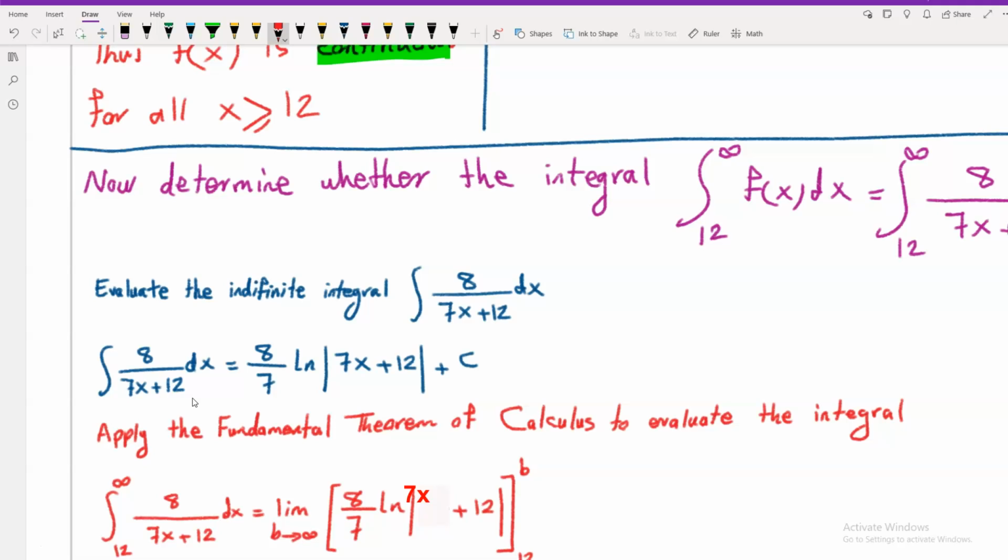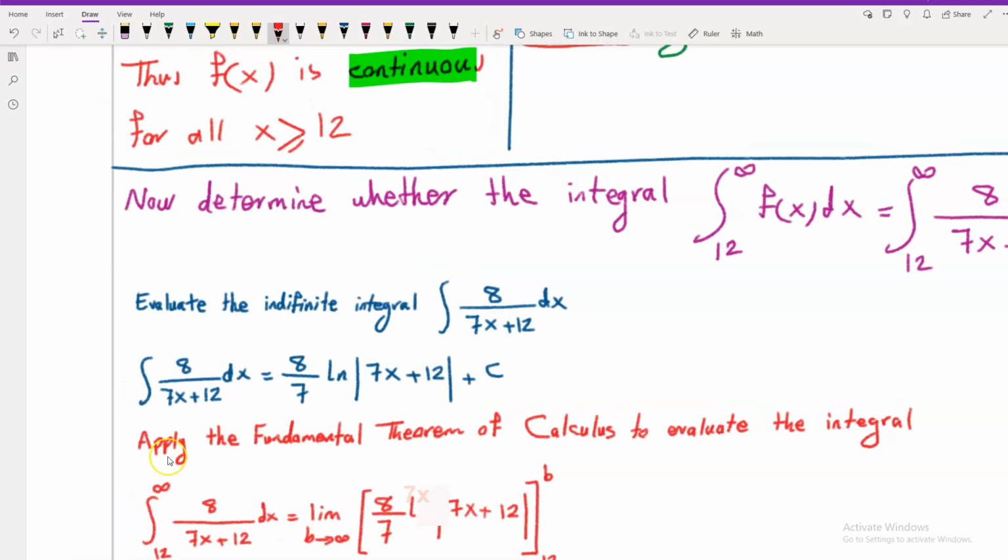Then apply the fundamental theorem of calculus. The integral of 8 over 7x plus 12 dx from 12 to infinity is equal to the limit of 8 over 7 natural log of the absolute value of 7x plus 12, from 12 to b, as b approaches infinity.